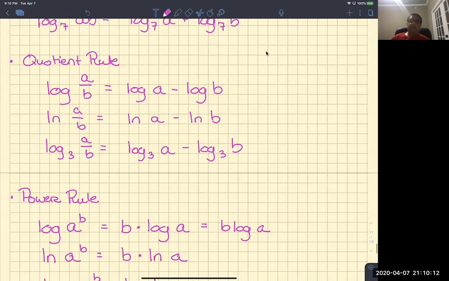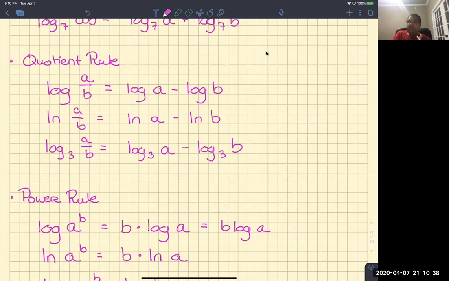Same thing with the quotient rule. The log of a over b, and remember a over b is a fraction, but moreover it's also a division problem. It's a divided by b. So the log of a over b can be rewritten as the log of a minus the log of b. So I'm changing a division problem into a subtraction problem. So the product rule allows me to change multiplication to addition.